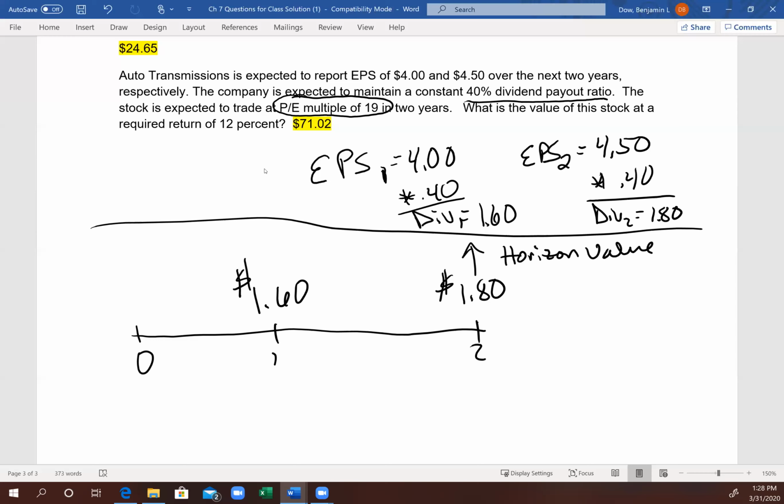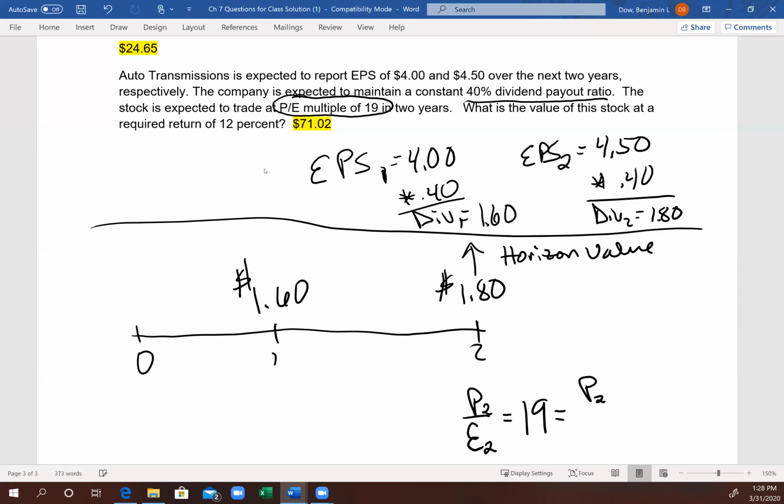And the P/E multiple approach says, hey, we expect this stock in year two to sell at a price per share divided by earnings per share in year two equal to 19.